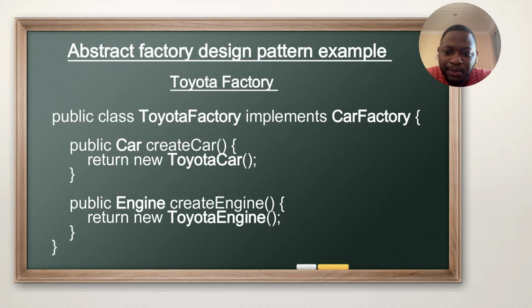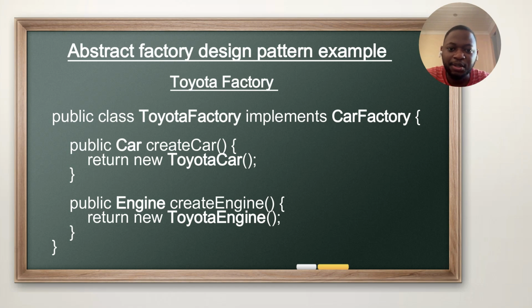We are required to implement the create car method, and we just return the Toyota car object. Below that we are required to create the engine, and we just return the Toyota engine object. Let's go to the next slide.